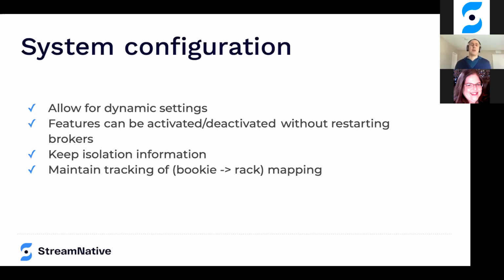Another example of this kind of metadata is the isolation information, which says which tenant should be assigned to a subset of brokers, and also the bookie mapping to racks or availability zones. This is typically kept in Zookeeper.